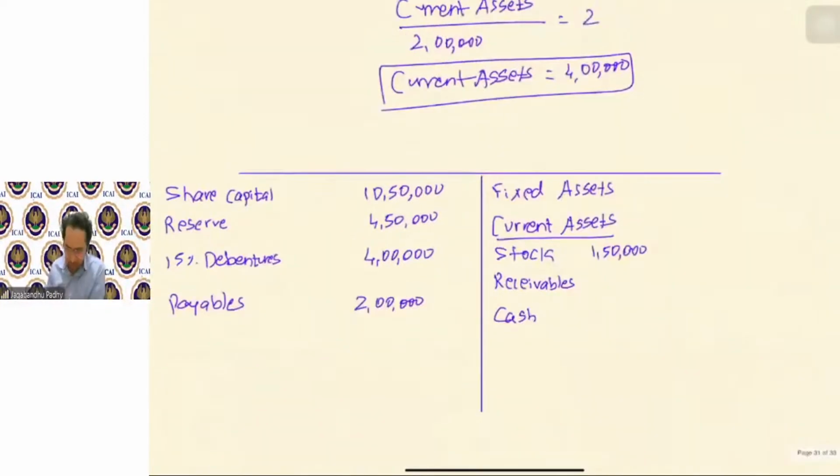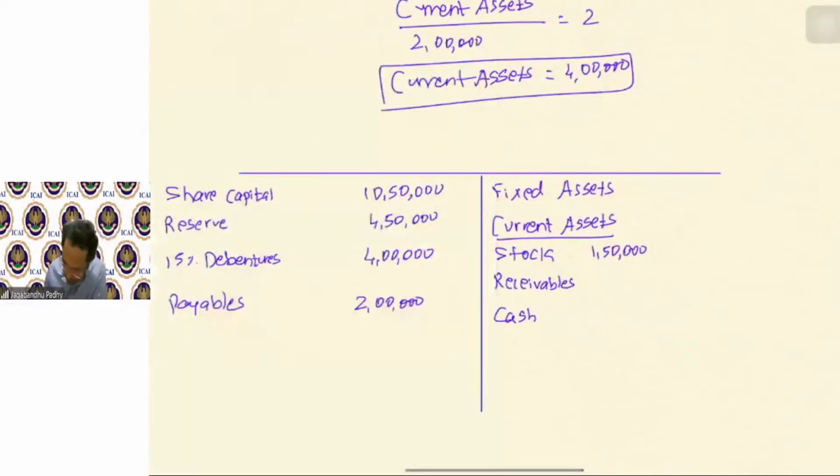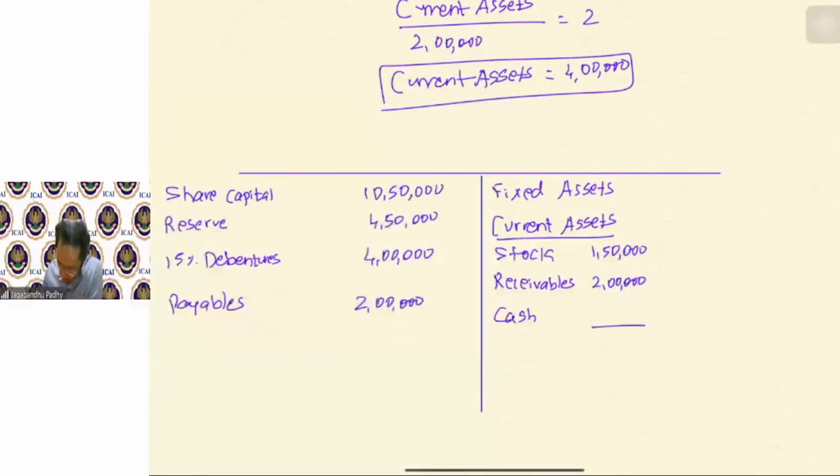And receivables is given in the question. Receivables is 2 lakh. Cash is yet to be computed, but we know the total of current assets is 4 lakh. So obviously, we can get the cash balance as the balancing figure, which is 50,000.